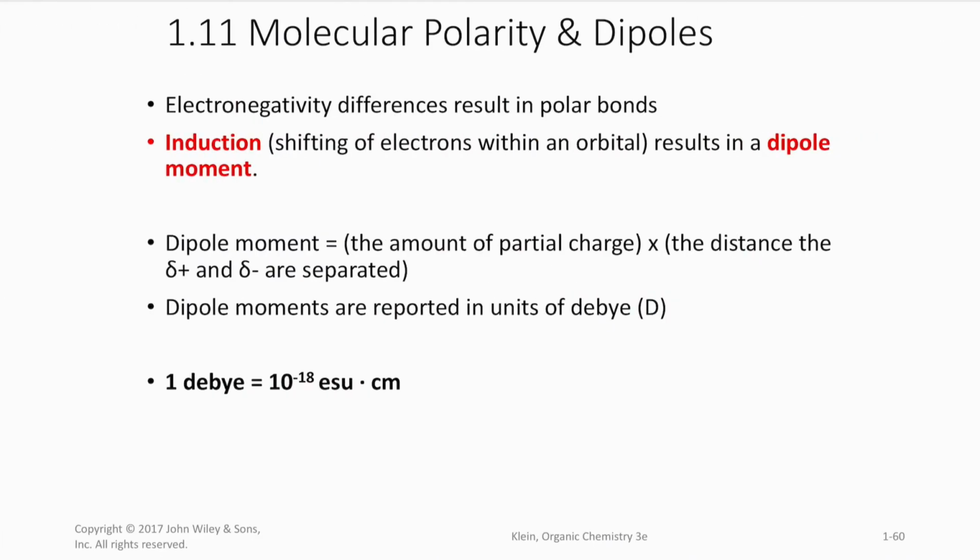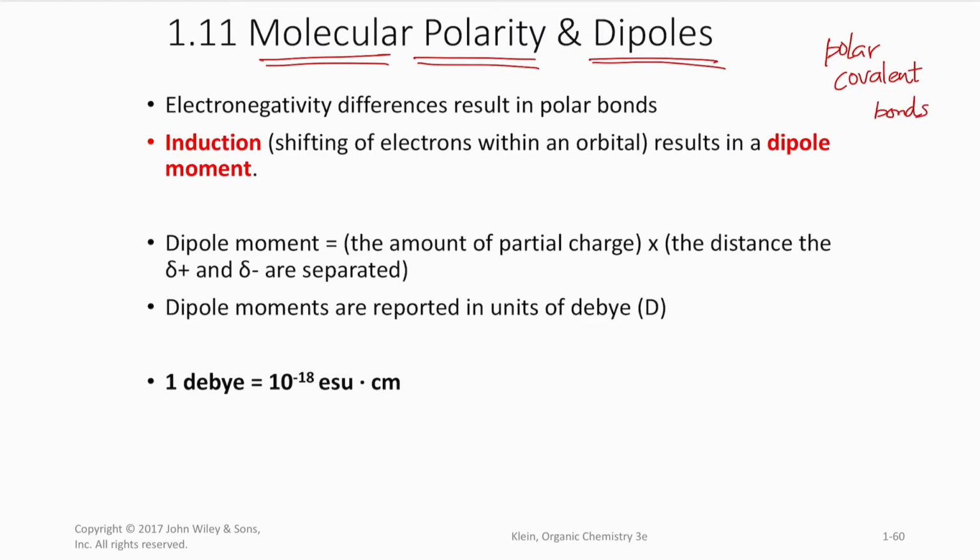So next, let's talk about polarity and dipoles. So what is molecular polarity? Molecular polarity is the basis of understanding how the charge differentiates inside a molecule. We discussed this when we talked about polar covalent bonds.